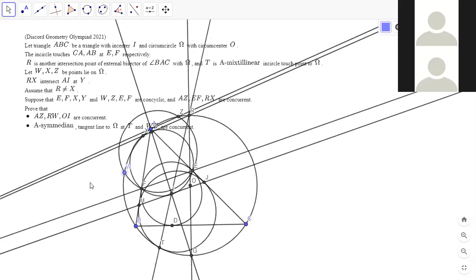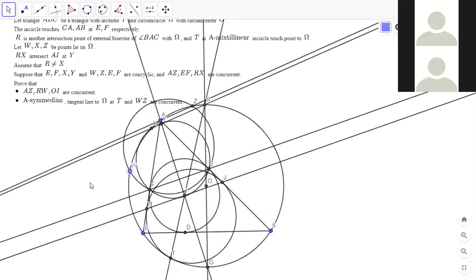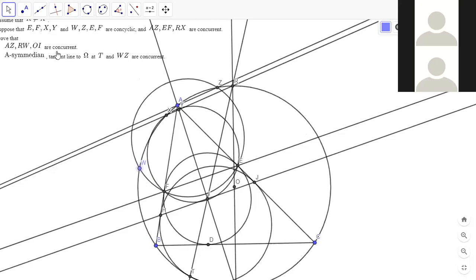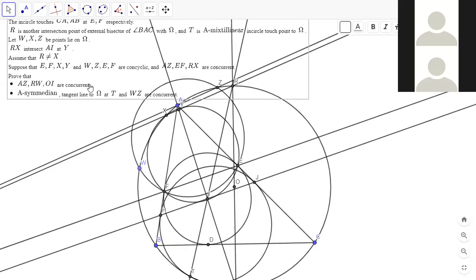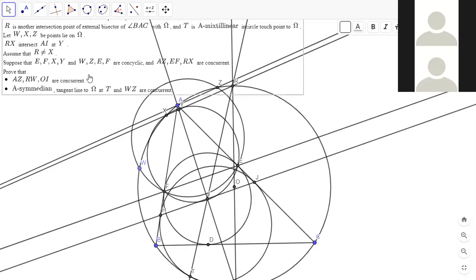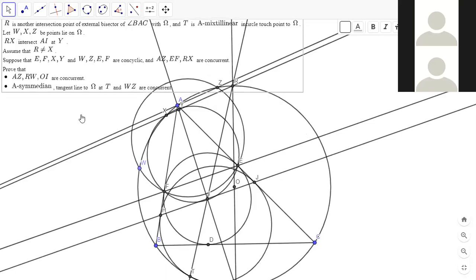Let's see. Yeah, it's kind of something like that. So maybe I'll just leave it like this for now.